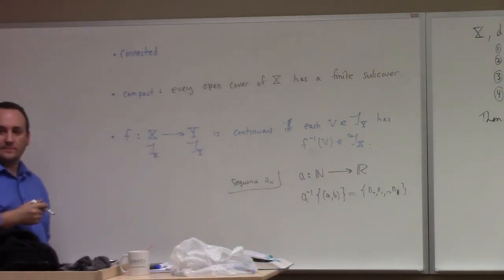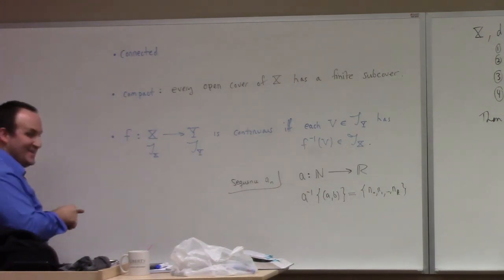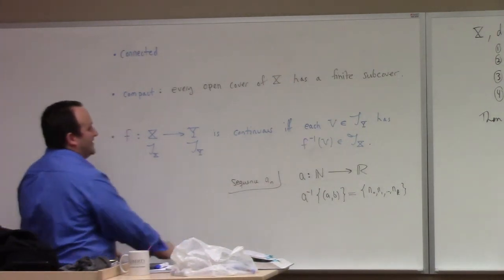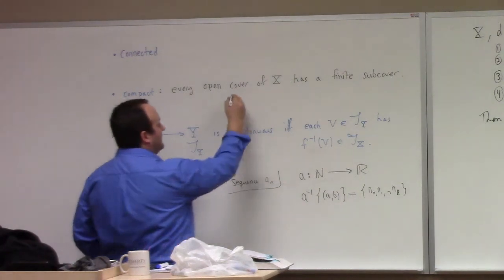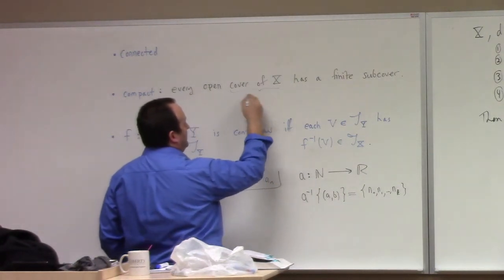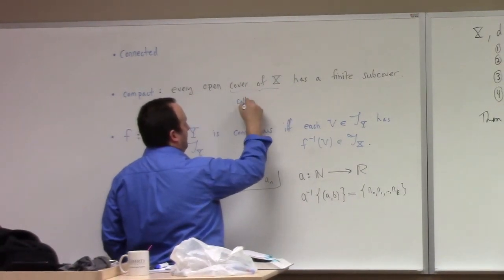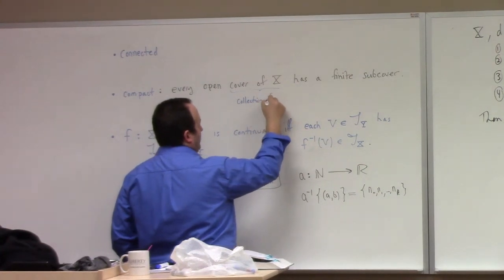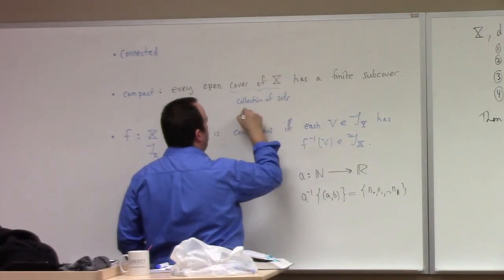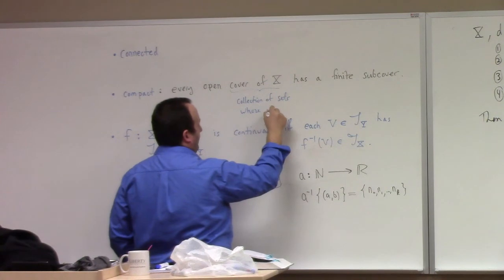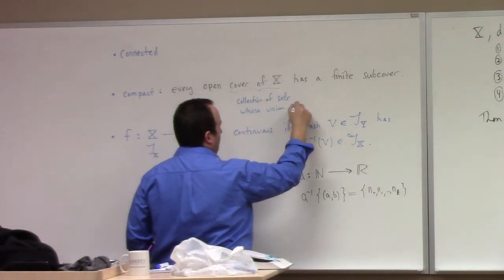You might wonder, what on earth is a cover of X? A cover of X is simply a collection of sets whose union gives X.